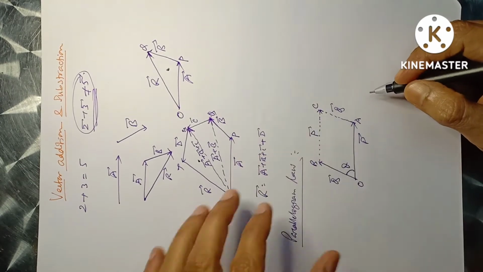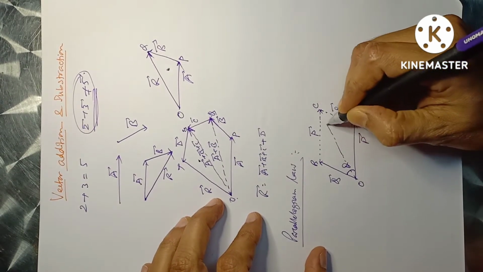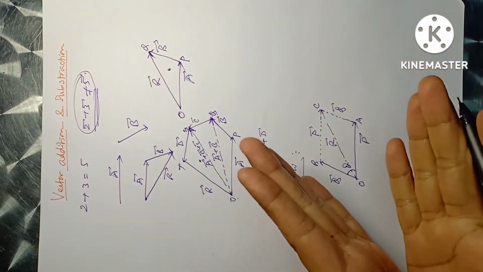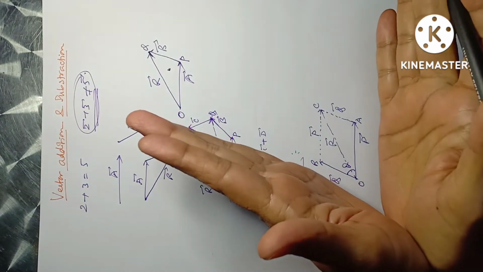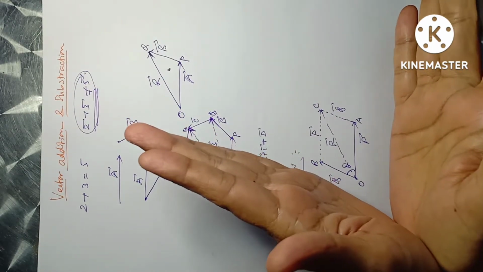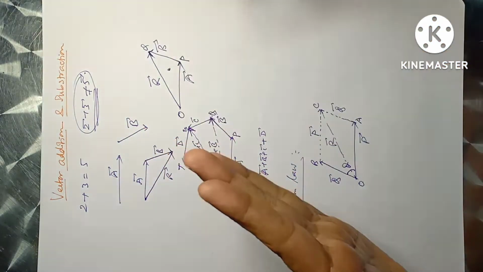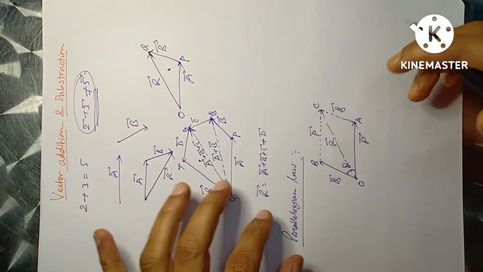According to the parallelogram law, the diagonal represents the resultant vector. That means, suppose two vectors act along these directions, then to add them, complete the parallelogram by drawing parallel arms, and the diagonal represents the resultant vector.